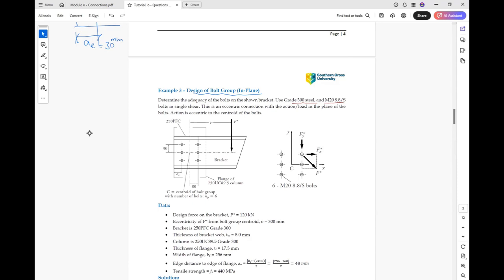This is an eccentric connection with the action load in the plane of the bolts. Action is eccentric to the centroid of the bolts. So this is a clear example of an in-plane connection. As you can see here, the force is in the plane of the bolt group. We have 6 bolts here.